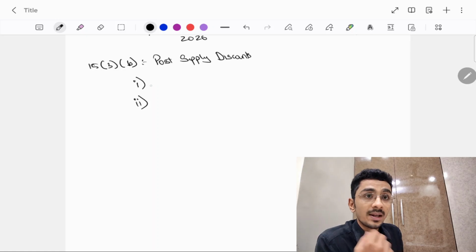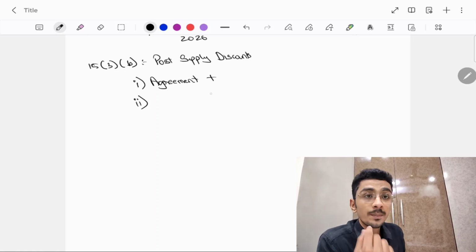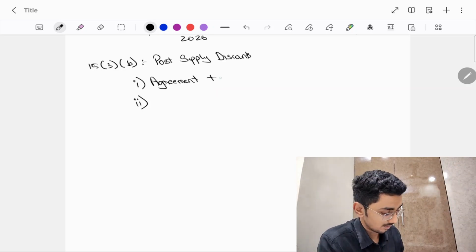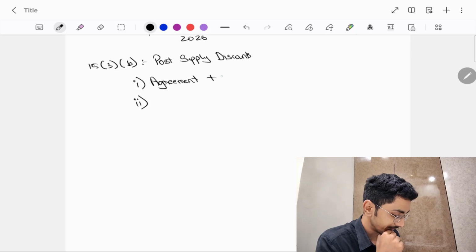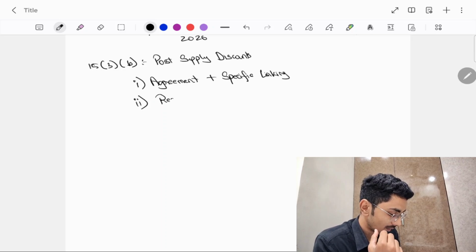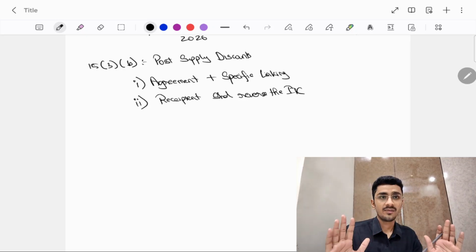First condition being there should be an agreement, plus there should be a specific linking of that credit note with an original tax invoice, one or multiple tax invoices. Second condition, recipient should reverse the ITC, fair and square.